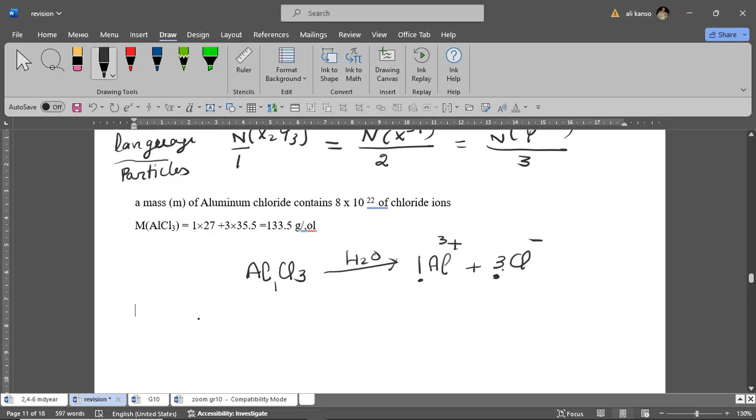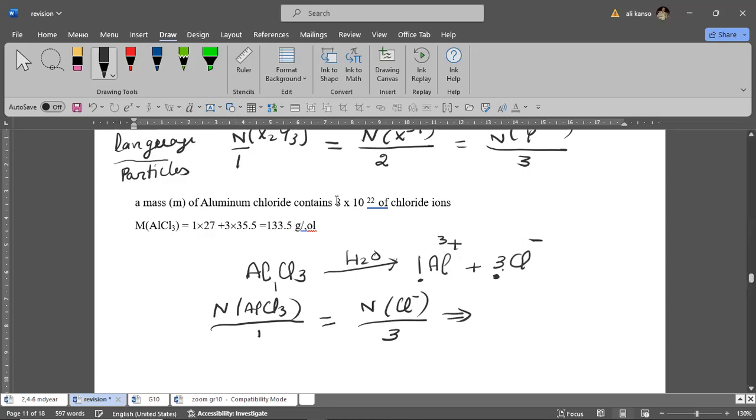The N of AlCl3 divided by 1, we use here the language of particles, equal to N of Cl minus divided by 3.